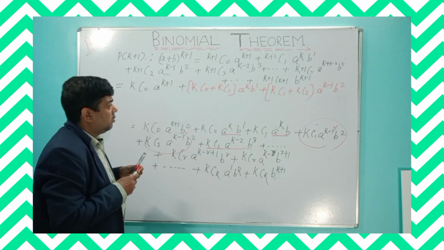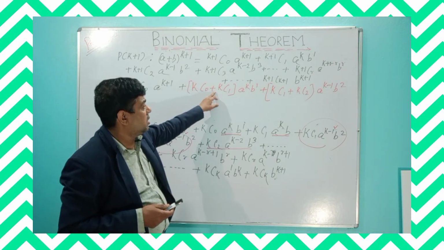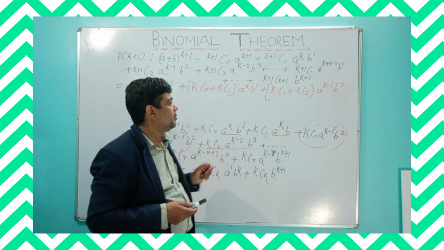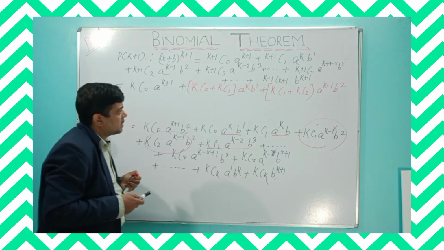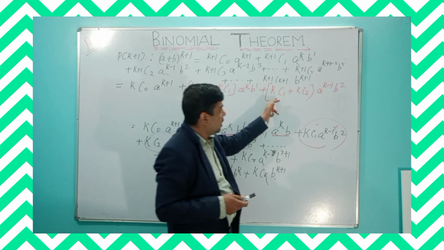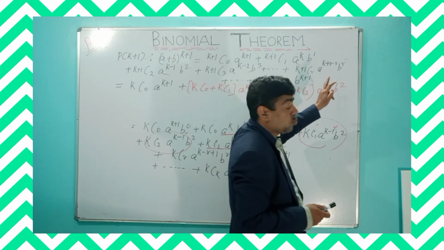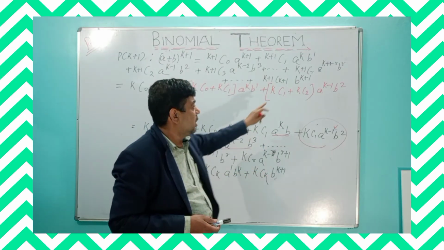Look at your pattern. We are getting a pattern here. You see, kC0, kC1, a to the power k, b to the power 1. Are you looking at something else? Yes. (kC1 plus kC2) a to the power k minus 2, b to the power 2. Are you looking here?